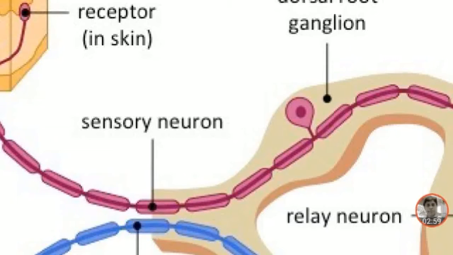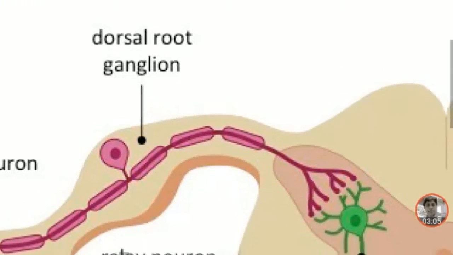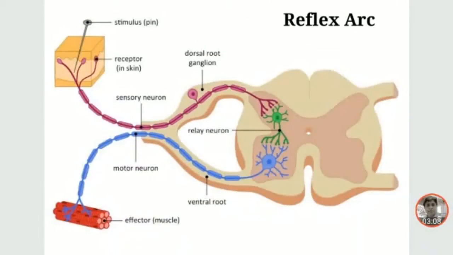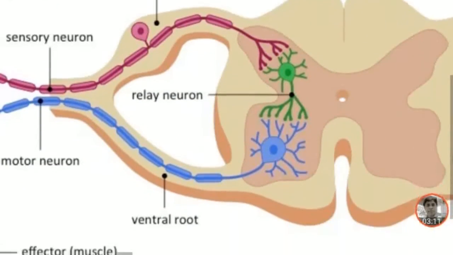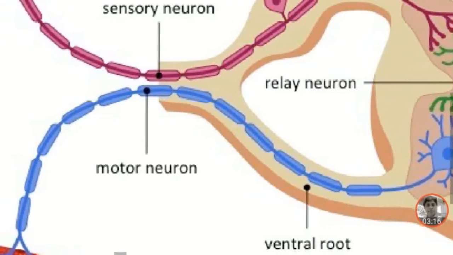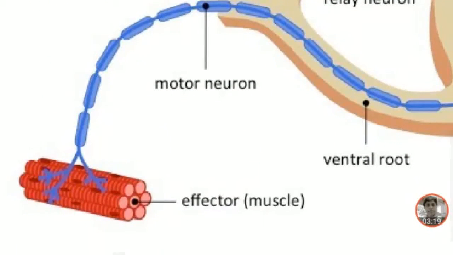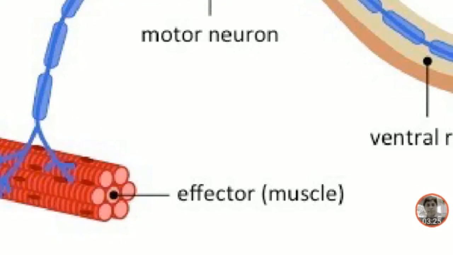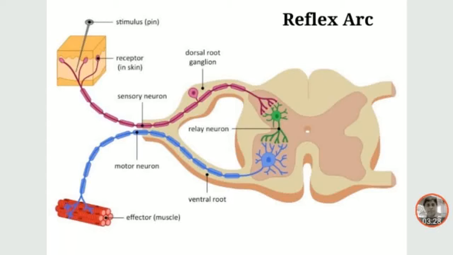They carry messages up to the spinal cord. From the spinal cord, motor neurons carry information to effector muscles to take action. So, sensory receptor cells, sensory neurons, motor neurons, and effector organs together form a reflex arc.